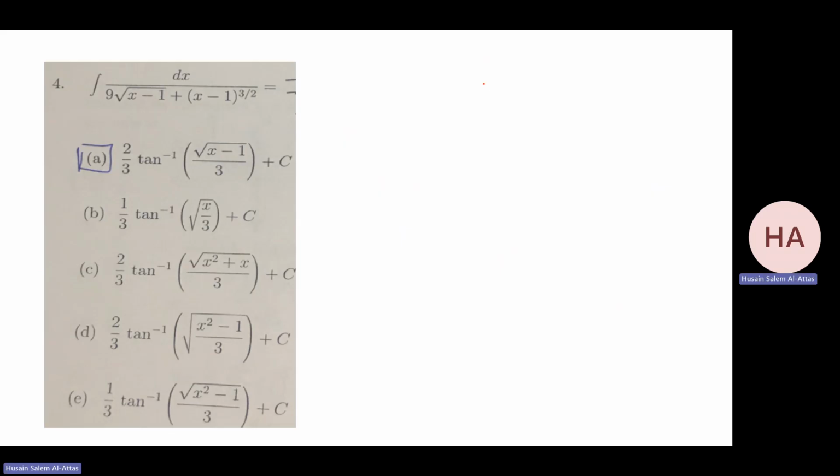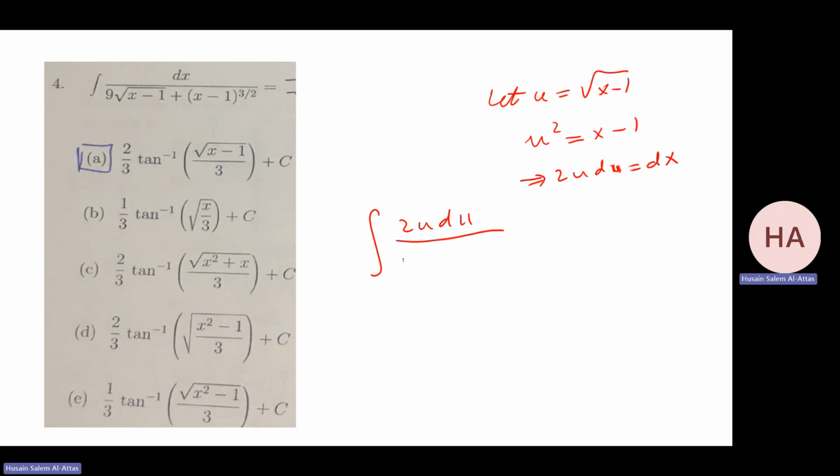Okay. Yeah. This one, if I let u equal the square root of x minus 1, what will be du? I can do this trick to find it. u squared is x minus 1. So 2u du equal dx. Now rewrite everything. That is 2u du over 9u plus u cubed, which now is easy to do.